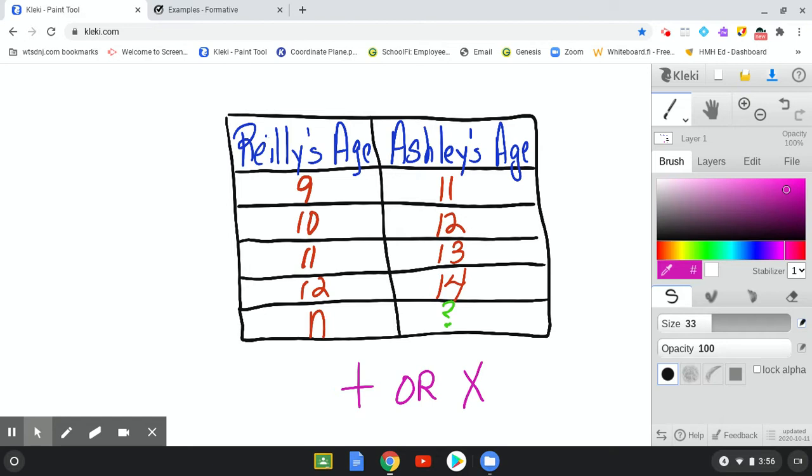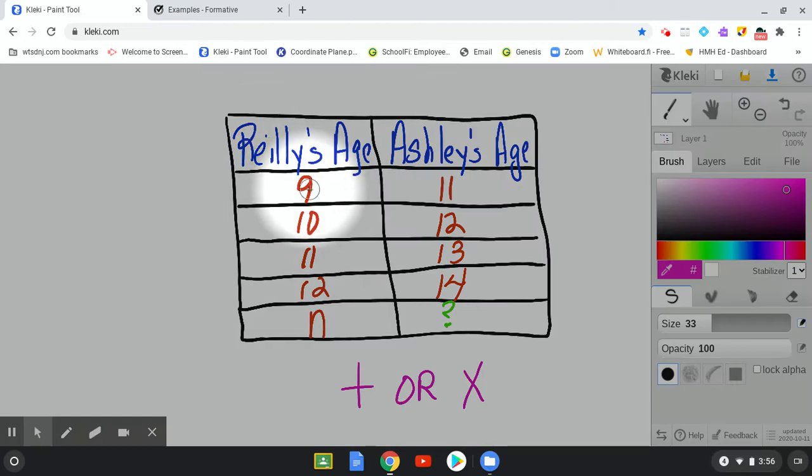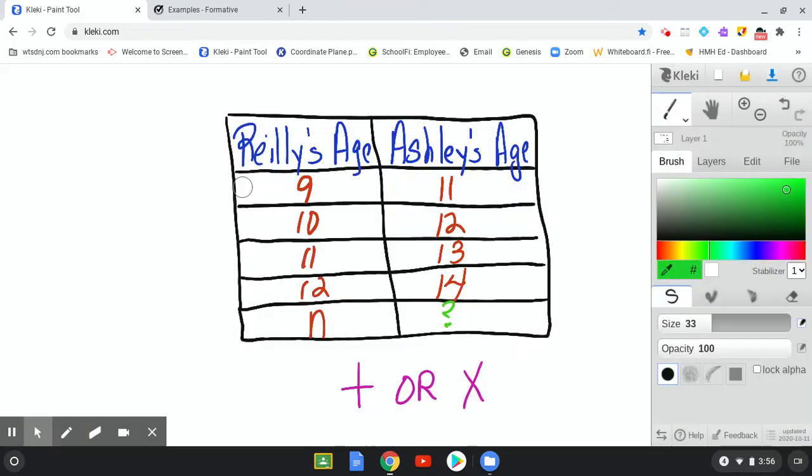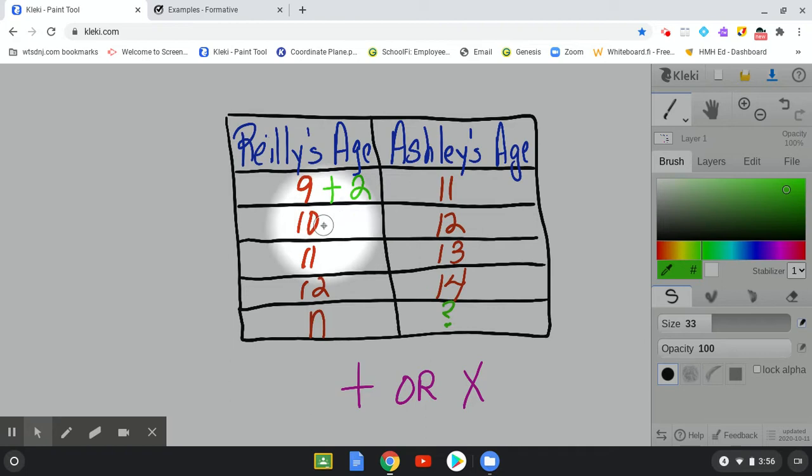So I'm going to always try adding first because that's easier. So I'm thinking to myself, well, 9 plus what is going to get me to 11? Well, I know that 9 plus 2 gives me 11. But I have to make sure that that works for all of these.